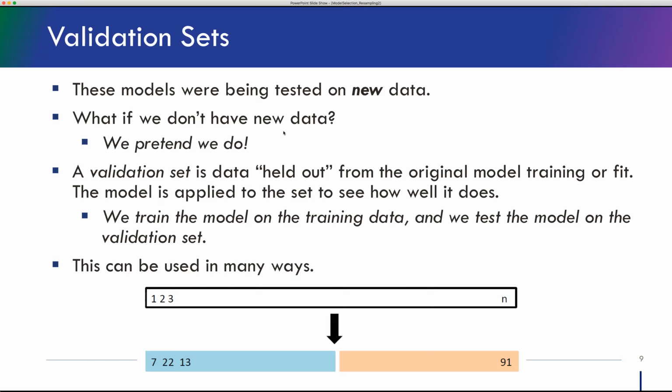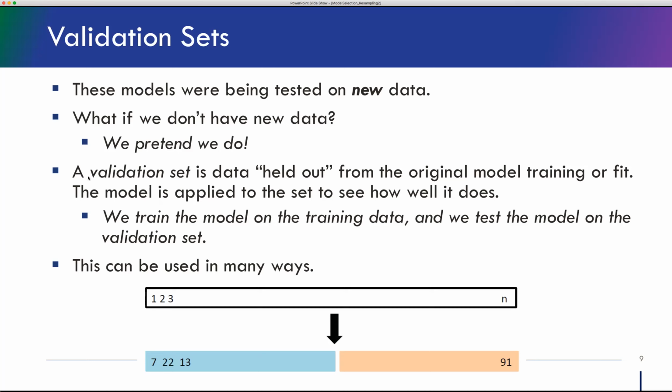What if we do not have new data? Say we only have one data set for building the model, and we do not have any further new data set for testing. In this case, we will pretend we do by holding out some data from the original data set.